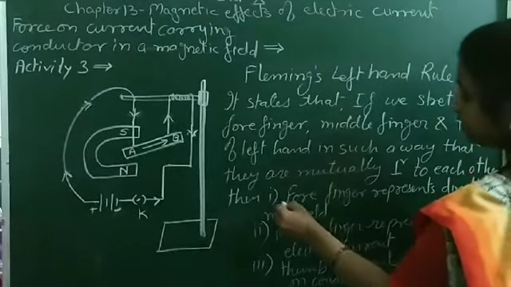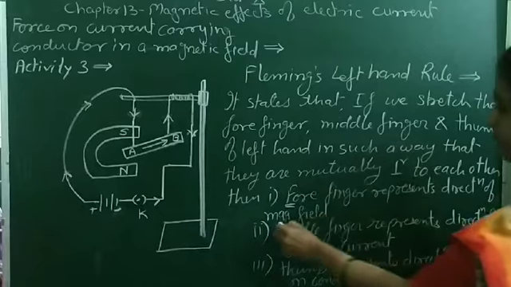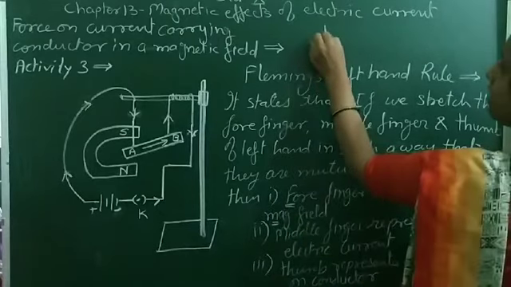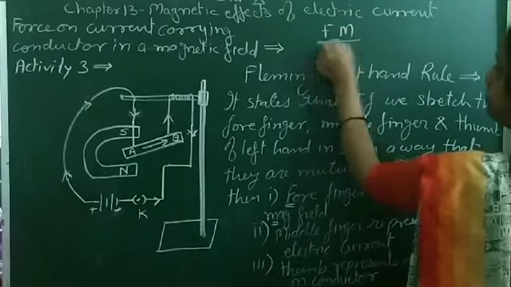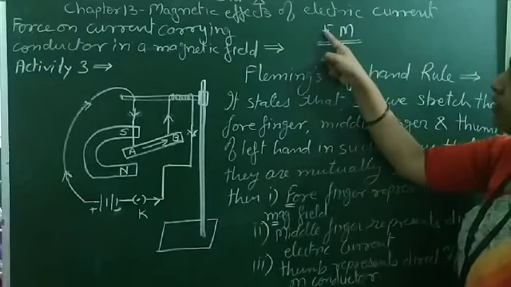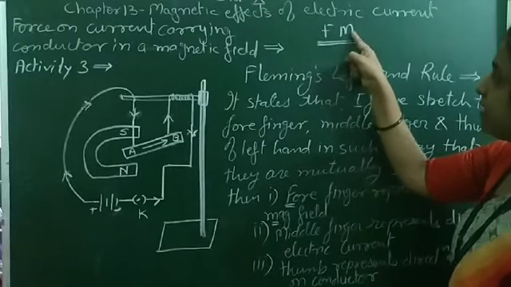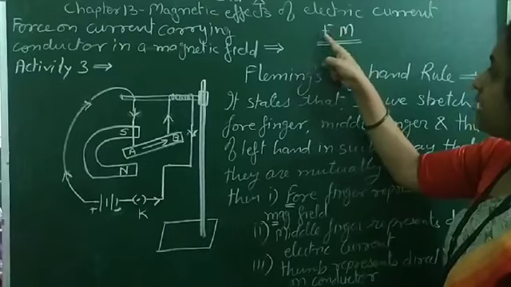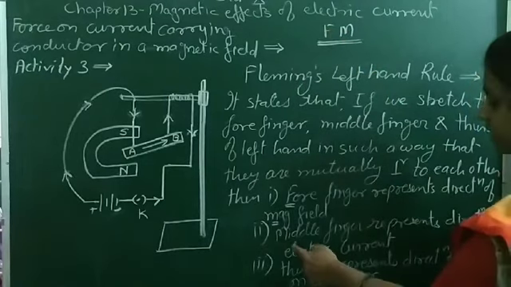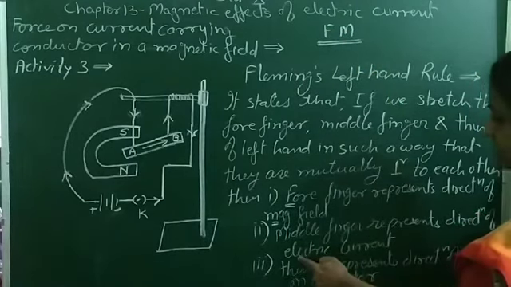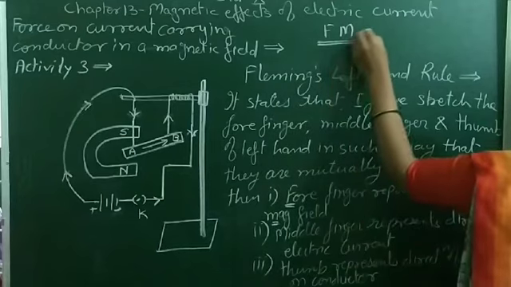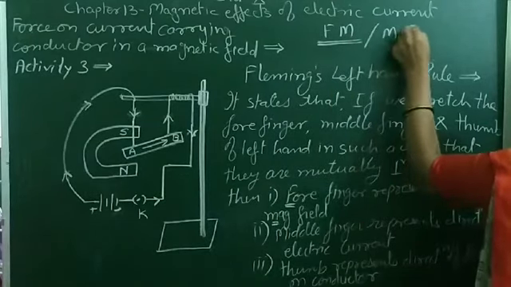memorize like that. That is forefinger represents magnetic field. So we make a pair FM. So FM means forefinger represents magnetic field. M stands for magnetic field and F stands for forefinger. Then middle finger represents electric current. So ME.